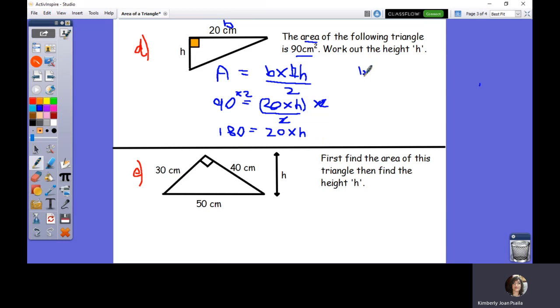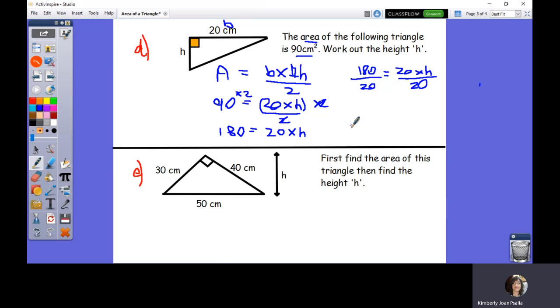Divide both sides by 20. 20 times h, division by 20. I need to get rid of this 20 so that I will let h alone.